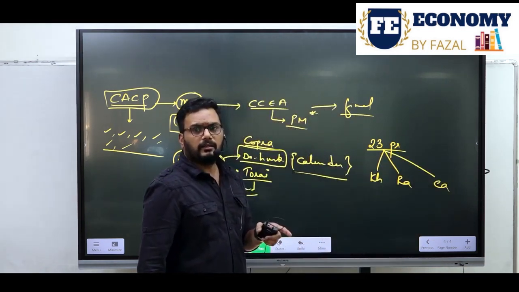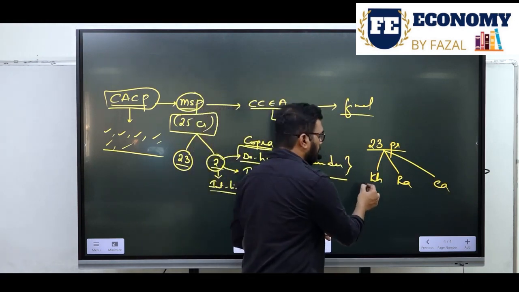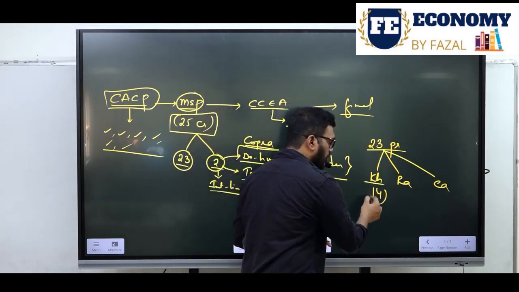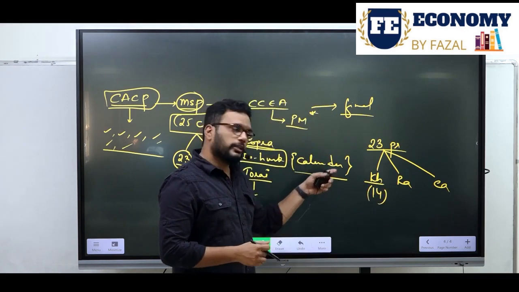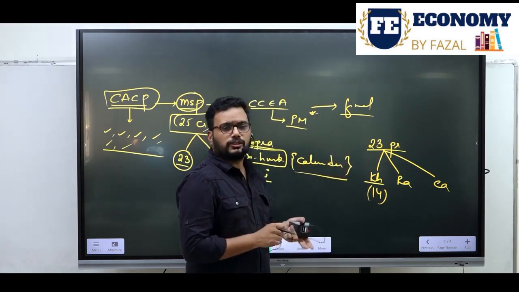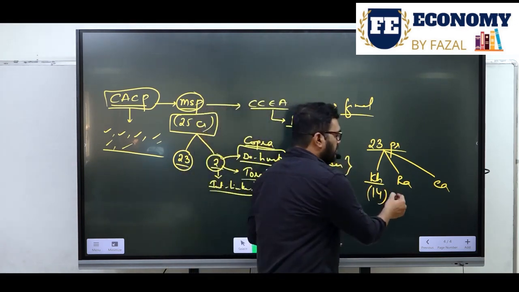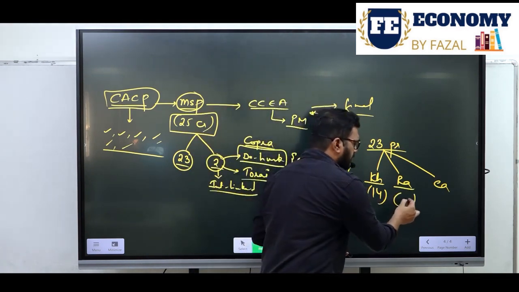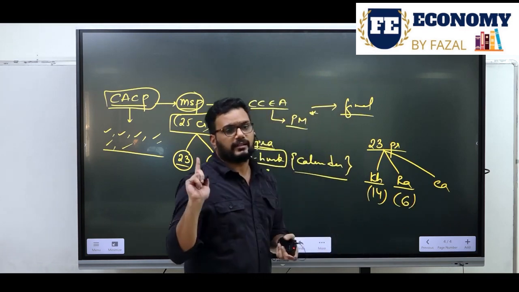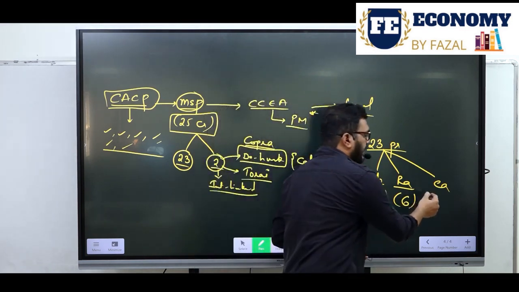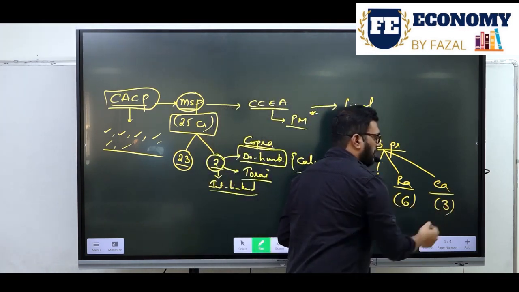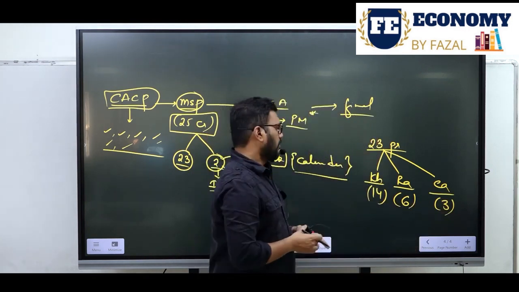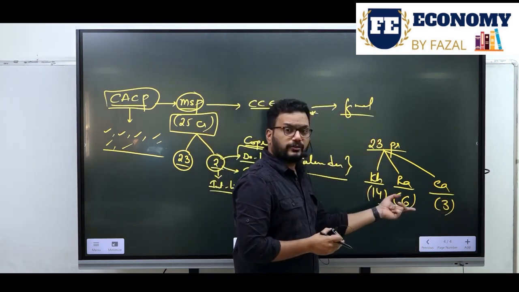Kharif has 14 crops, 14 prices are given. There's no change. Next is Rabi, 7 crops are there, but 6 prices are given because one is interlinked. Next is calendar, 3 prices are given because one is interlinked. Now it becomes 14 plus 6 is 20, plus 3 is 23.